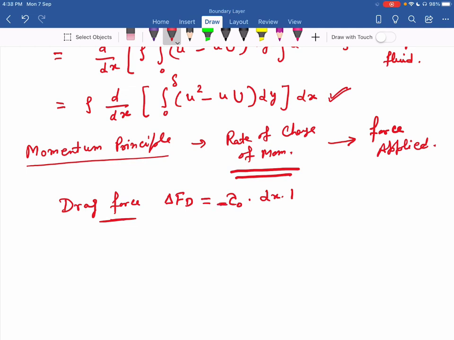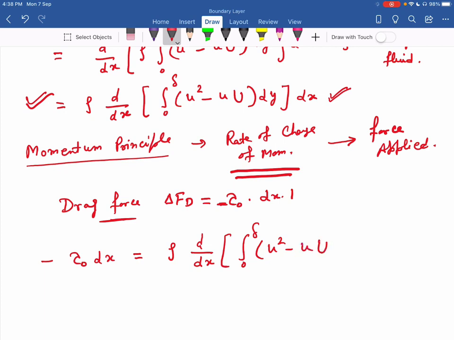So I can write minus tau O dx is equal to rho times the rate of change of momentum, d by dx of integral 0 to delta of u square minus u capital U dy into dx. So from here you can find out tau O.